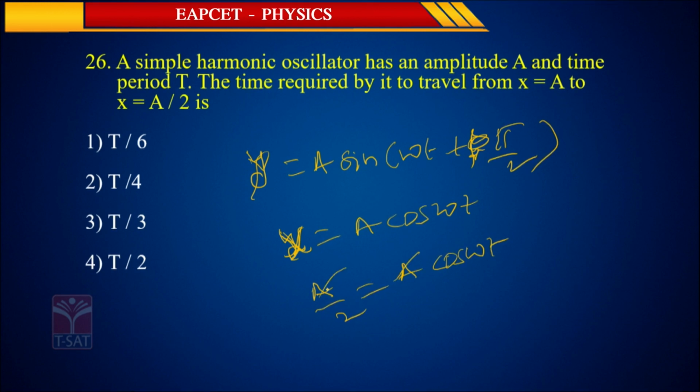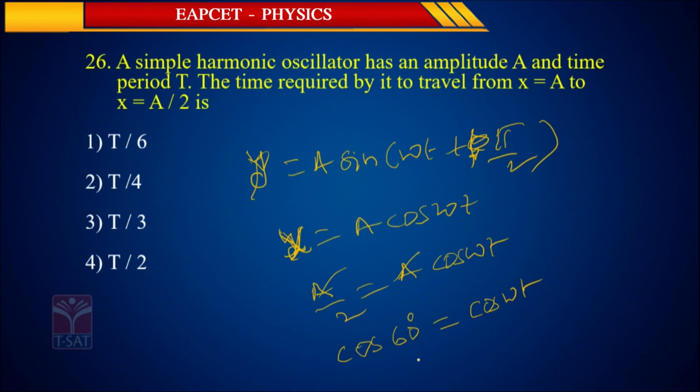Here a gets cancelled. Okay, this is 1 by 2. Here 1 by 2 you can write as cos 60. Okay, children, cos 60 is equal to 1 by 2. That is equal to cos omega t.